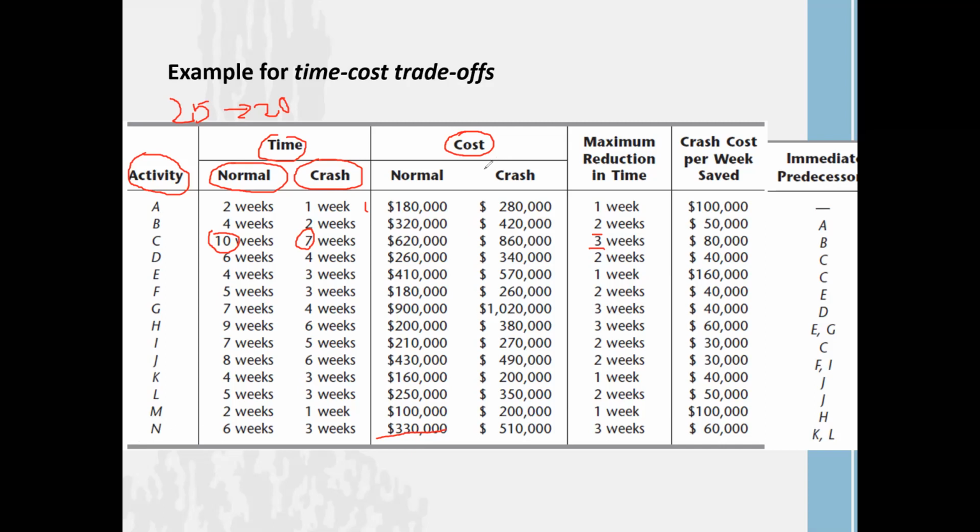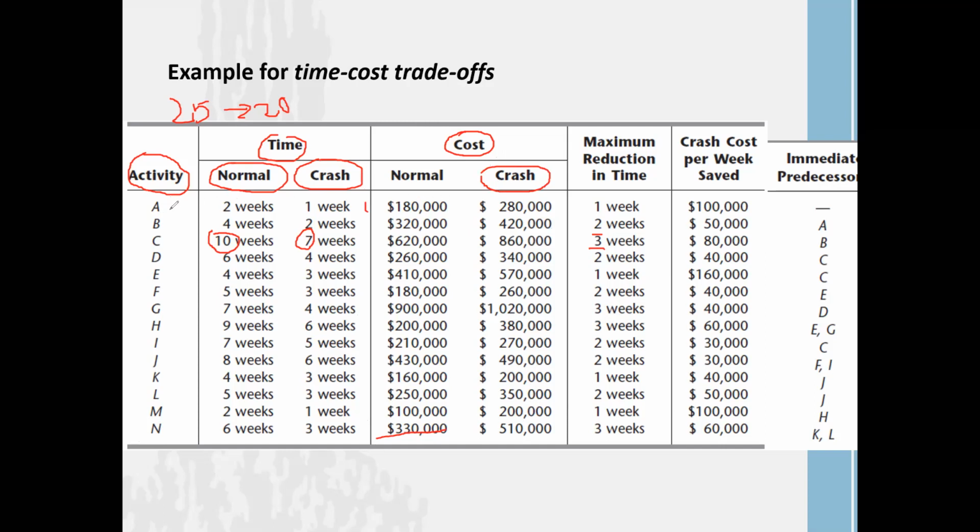Right? Here we have another one we call crash cost. As I told you in the previous slide also, once we try to reduce the time period of each activity, we have to incur additional cost. Now look at this. Once we complete activity A within 2 weeks, it takes $180,000.